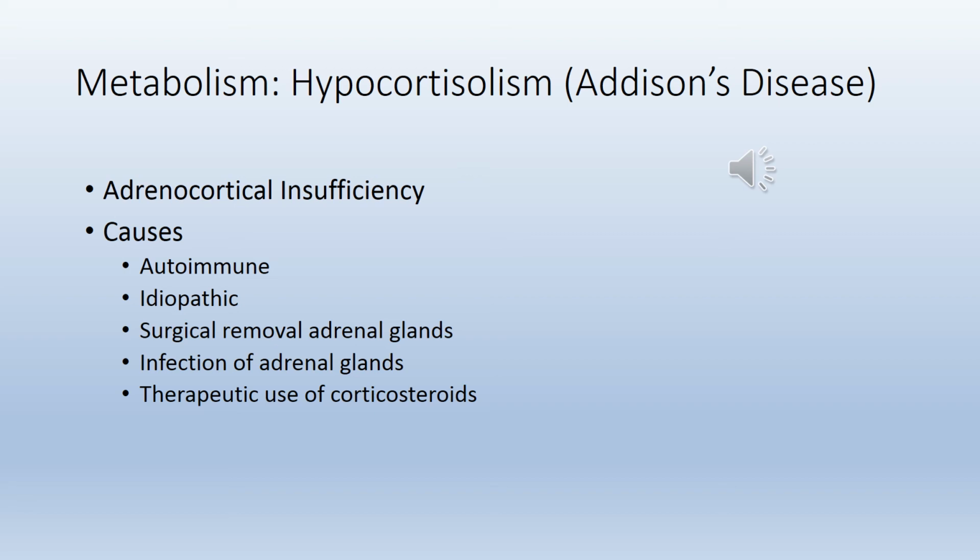Tuberculosis and histoplasmosis are the most common infections that destroy adrenal gland tissue. Although autoimmune destruction has replaced tuberculosis as the principal cause of Addison's disease, tuberculosis should be considered in the diagnostic workup. Therapeutic use of corticosteroids is the most common cause of adrenocortical insufficiency.